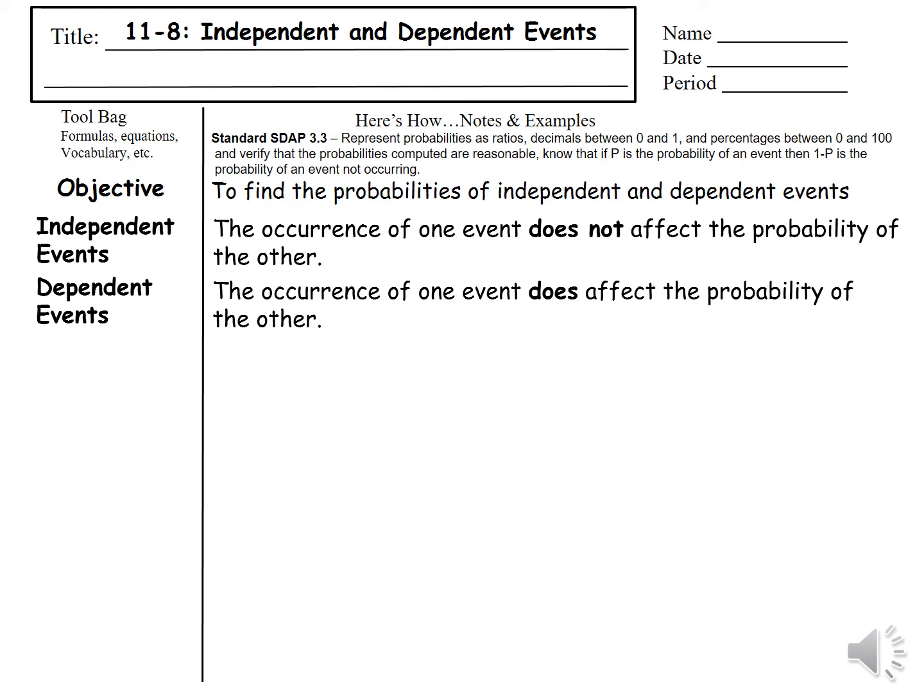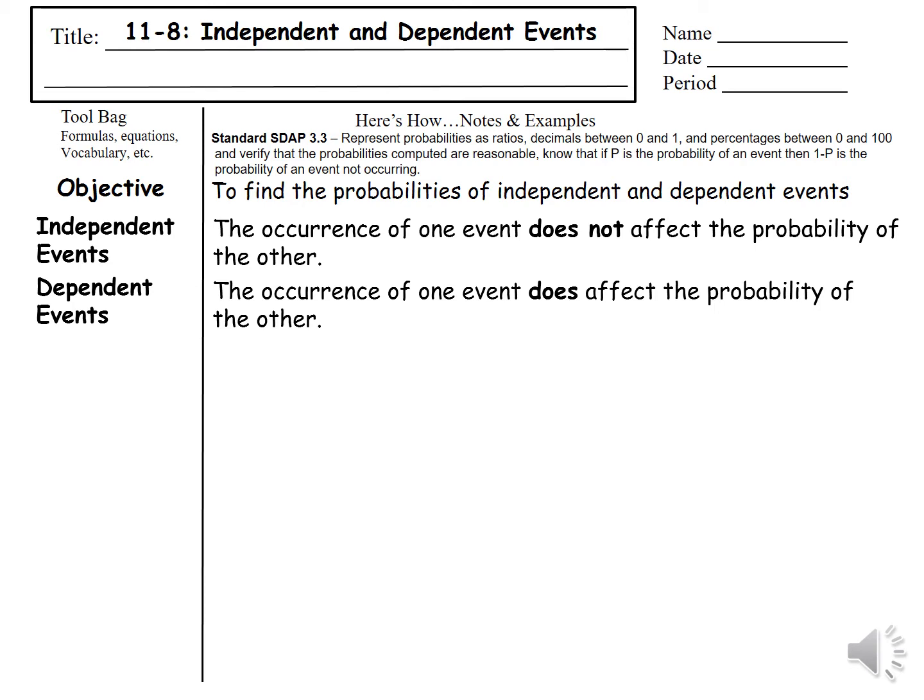It does, because if it's raining in Columbus today, then you're not going to go outside to play basketball. You'll probably stay home, play a video game, or hang out with your friend somewhere inside. You're not going out to play basketball. So that's called a dependent event, because the probability of you going out to play basketball depends on whether it's raining or not.